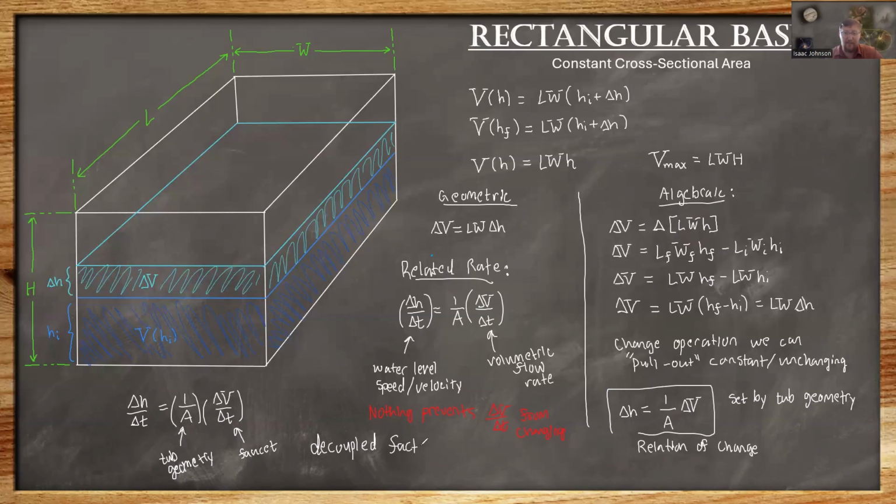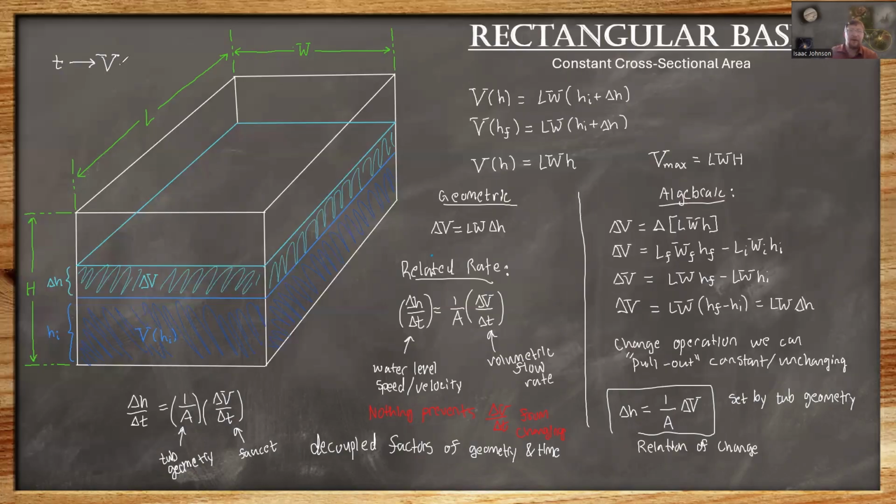So we have these decoupled factors of geometry and time. If I were to draw a flow chart of this, I would say time is really the basis of everything, right? So everything starts with time. And as time goes on, the faucet pumps out a certain amount of volume.